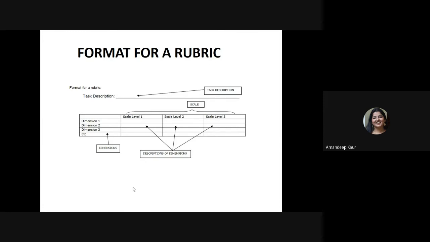When I say dimensions of the rubric sheet, dimensions are nothing but in how many subparts you have divided this particular activity. So there may be 3 dimensions, there may be 5 dimensions, but as per the literature and different evaluation tools, the fewer the dimensions, the easier it is for the faculty to use that rubric sheet for evaluation.